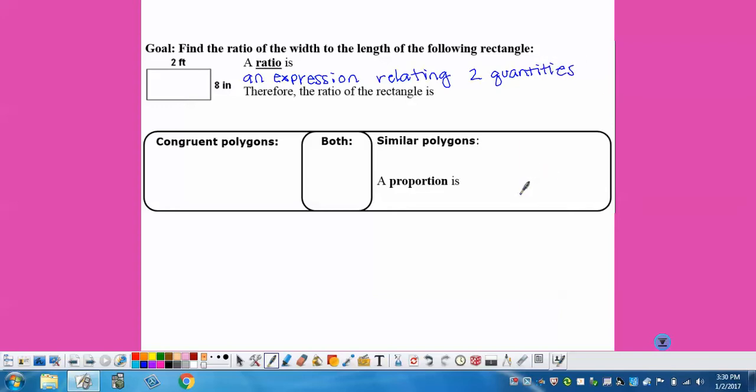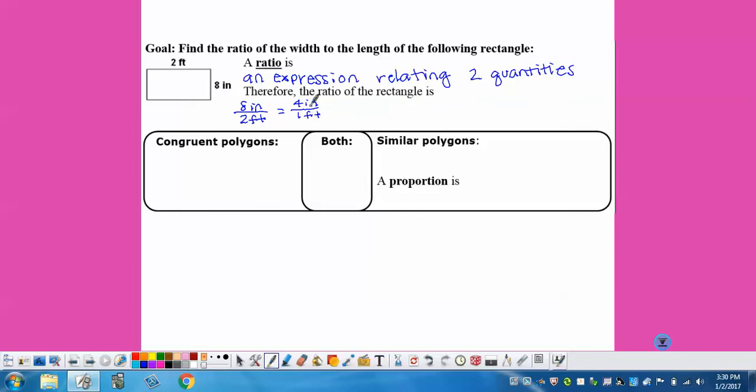So therefore, the ratio of the rectangle, if we wanted to relate width to length, would be 8 inches over 2 feet, which would simplify to 4 inches over 1 foot.